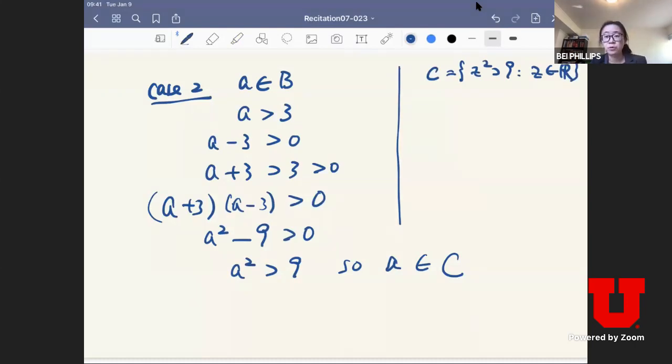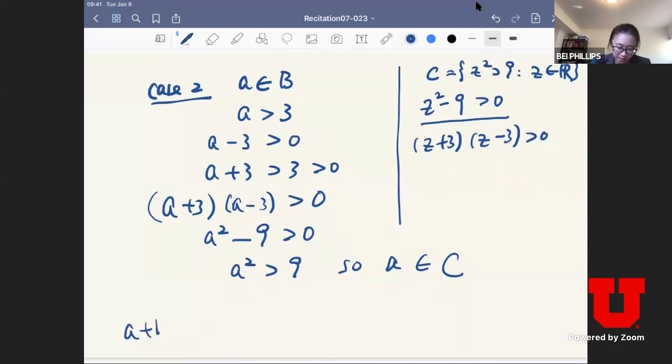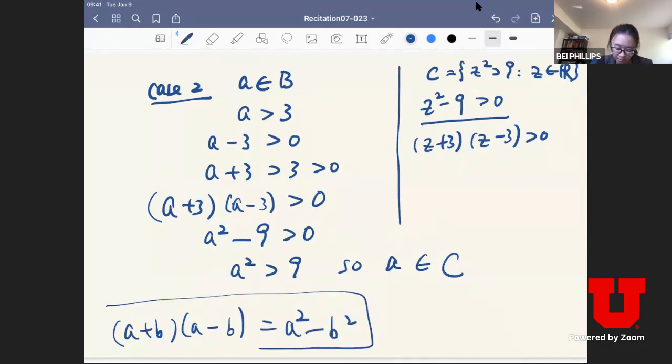So if I were going to motivate or give myself some guidance, one way to look at it is to do some algebraic manipulations. It's looking at z squared minus 9 bigger than 0. And when you see this, there is a formula, as I mentioned before, A plus B times A minus B is equal to A squared minus B squared. This is a formula that comes to mind.